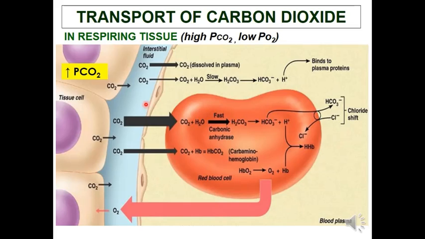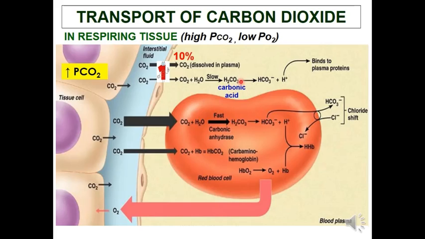First, due to the high partial pressure of carbon dioxide in the respiring tissues, carbon dioxide will diffuse out and enter the blood capillaries through the capillary walls, and about 10% of carbon dioxide dissolves in blood plasma. So carbon dioxide will combine with water in the blood capillaries and slowly form carbonic acid.